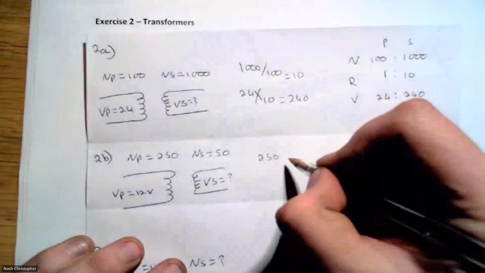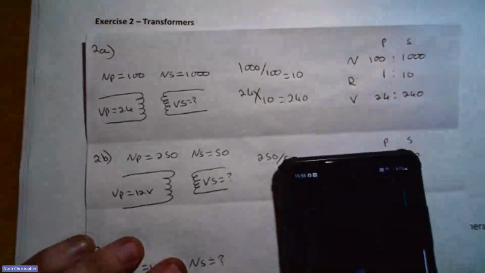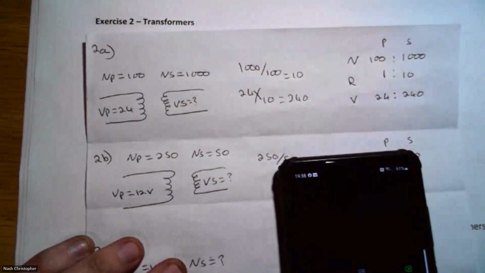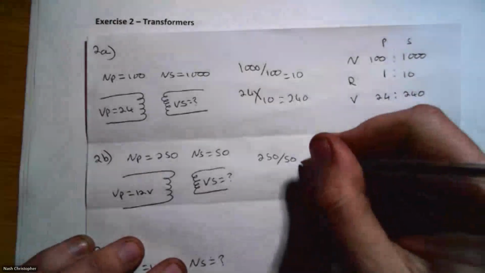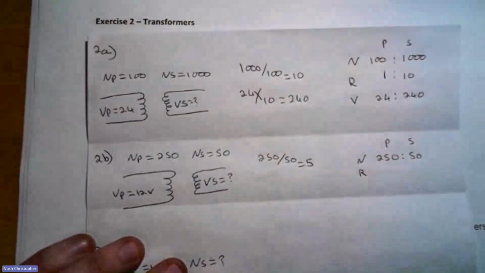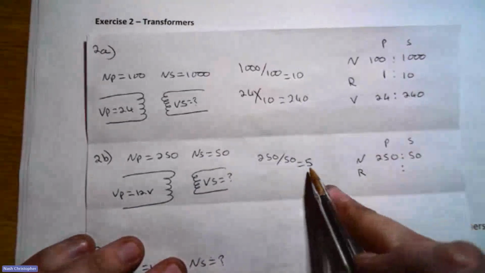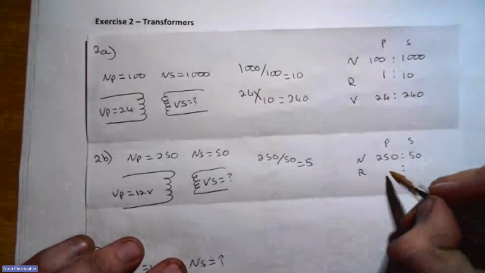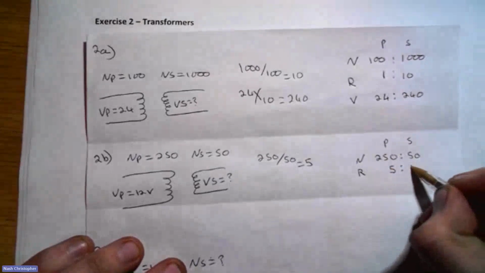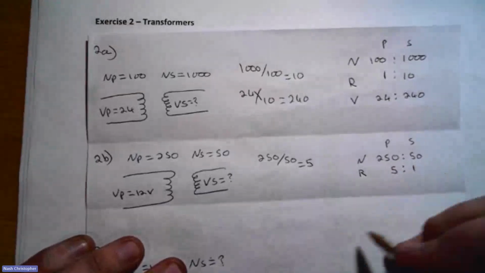So 250 divided by 50, 5. We know in this one, again, the value relates to the ratio of the larger number. So we know that this is actually a 5 to 1, so it's a reduction.